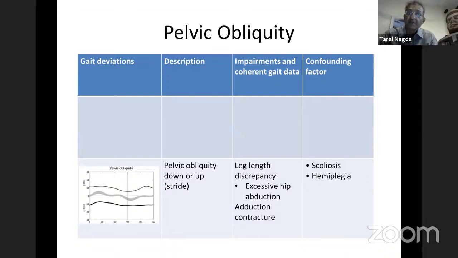Many times, this can also be present in the absence of limb length discrepancy. For example, if you have a scoliosis, especially lumbar scoliosis, the pelvis may be tilted. Many times, in cases of hemiplegia, there is no actual deformity. There is a pelvic retraction and elevation of the pelvis, which may give a false sense of shortening of the limb, even when limb shortening is not present.